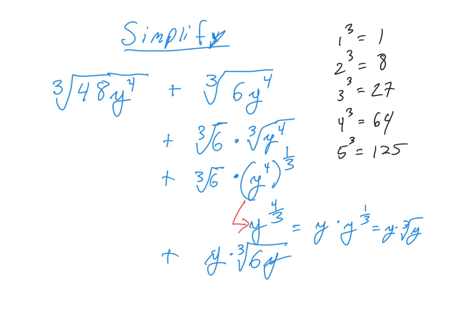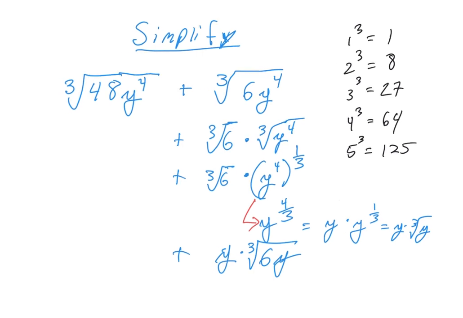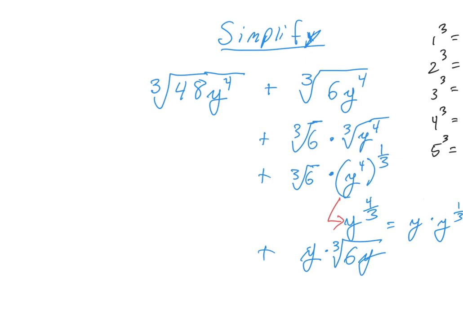All right, now the other one. So I'm going to slide it this way. Let's work over here for a bit. I'm thinking I'm going to take the cube root of 48 over there. And then I notice that the other one is the cube root of y to the 4th, which I already did once, so I know down here it's going to be just this part here. I have the cube root of y to the 4th, which I already did, and I know is going to be y times the cube root of y.